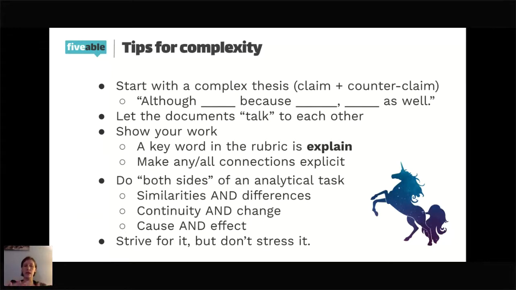Complex analysis connects evidence to an argument, which is another evidence point. Complex analysis requires you to bring together, in the DBQ, evidence from the documents and your outside knowledge, right? That's its own point. So striving for complexity is always going to be a great idea because it's only going to help you to earn additional points from elsewhere on the rubric.